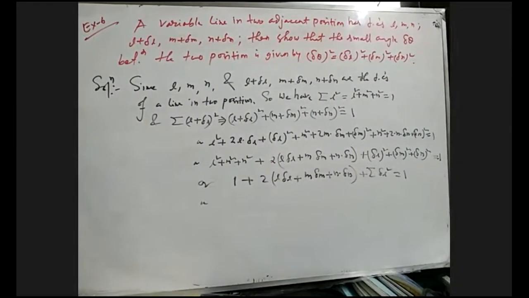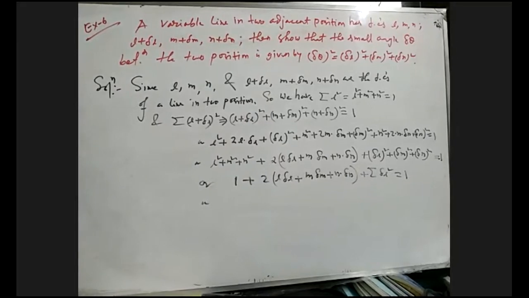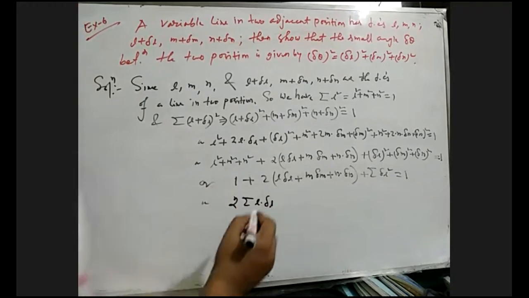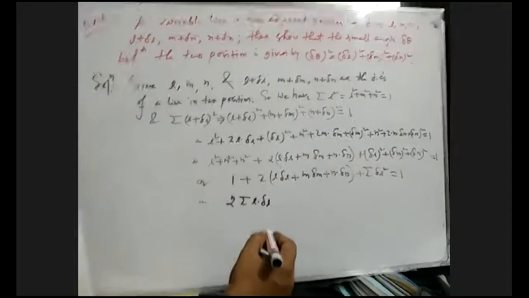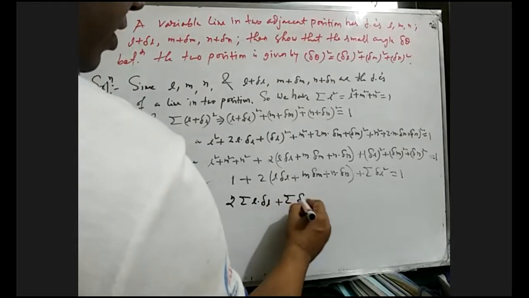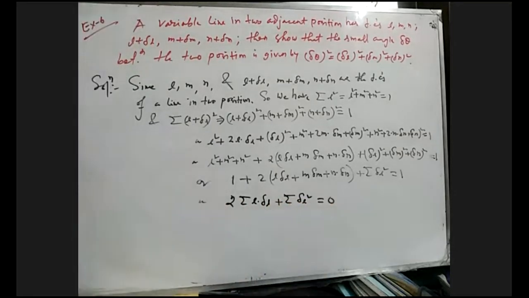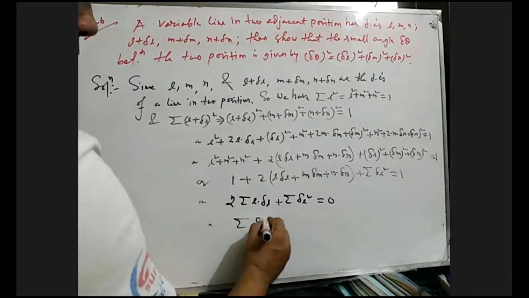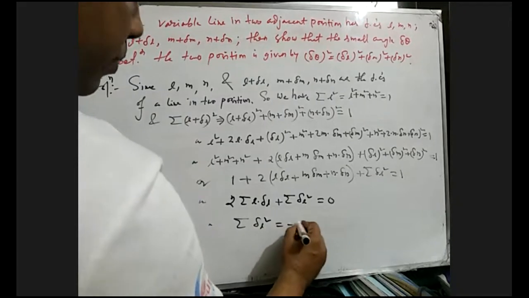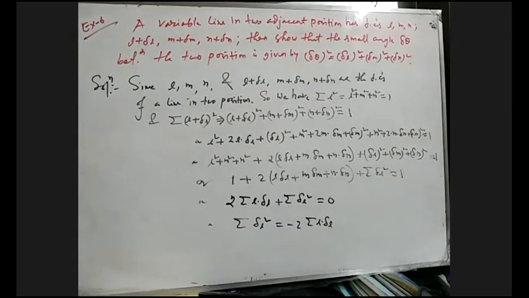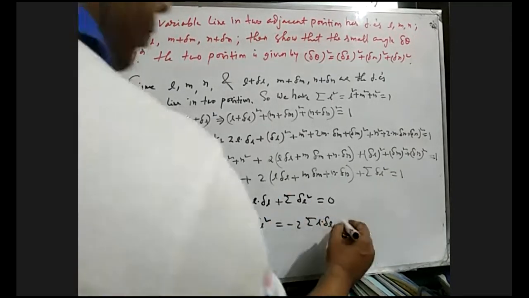So from these two we can write 2 into summation L del L plus summation del L whole square equals to 0, or summation del L whole square equals to minus 2 summation L del L. This is equation number 1.